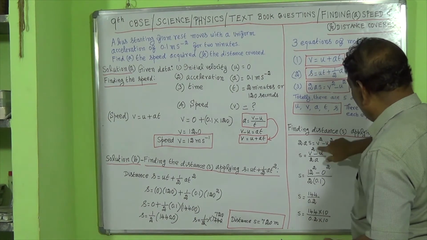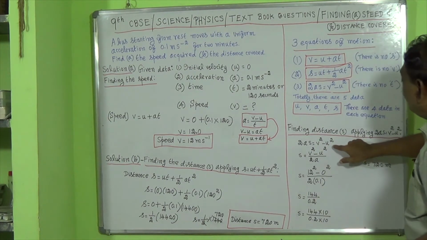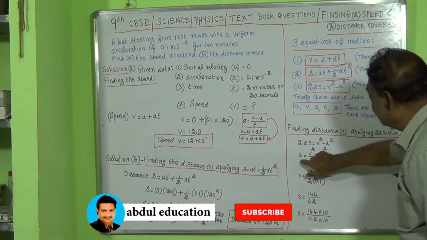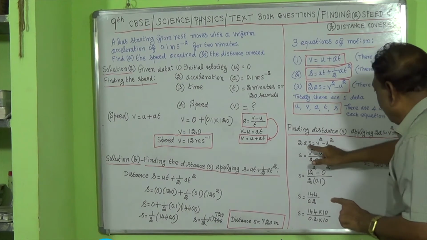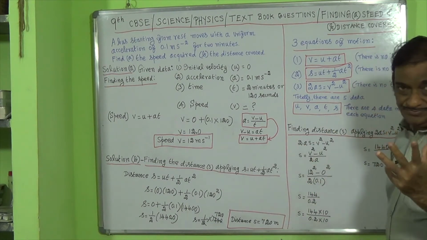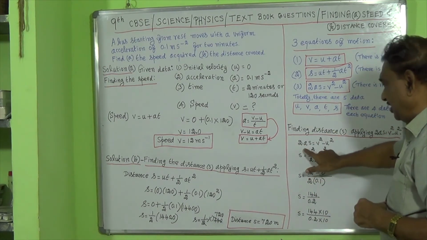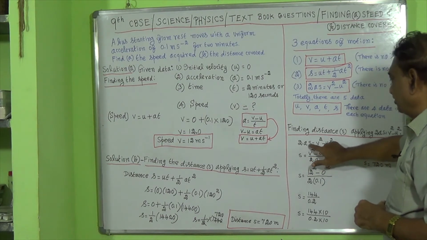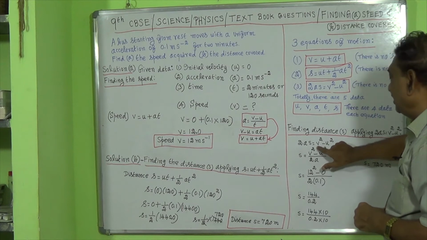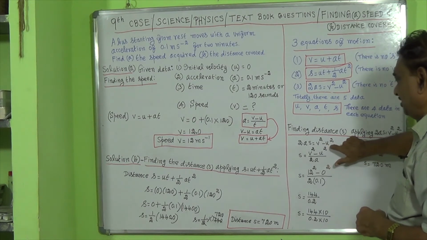From this equation also, we can find the distance S. How? In this equation, there are 4 data. One is acceleration, the another is distance, the third is final velocity, the fourth is initial velocity.